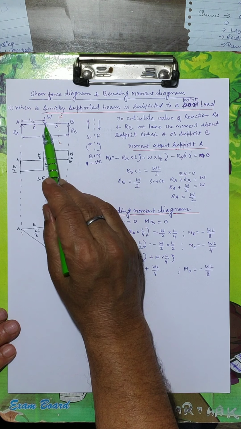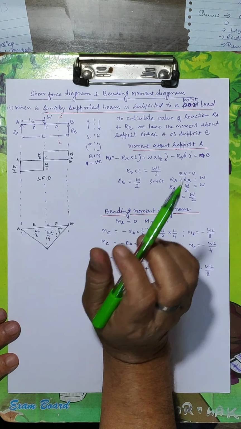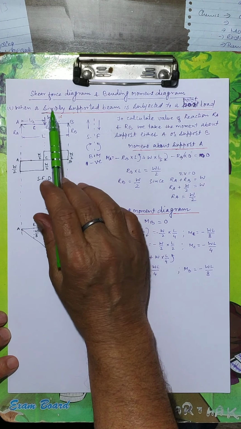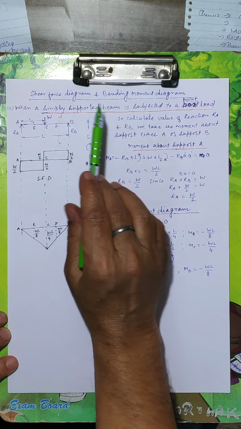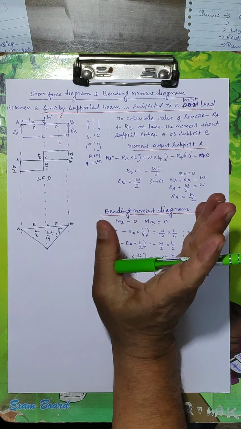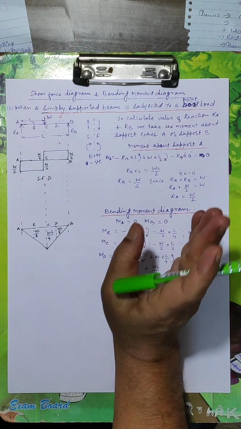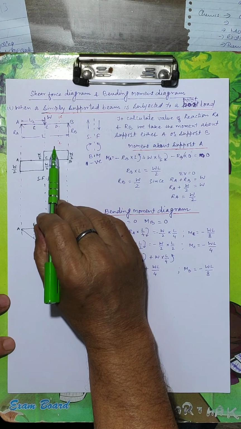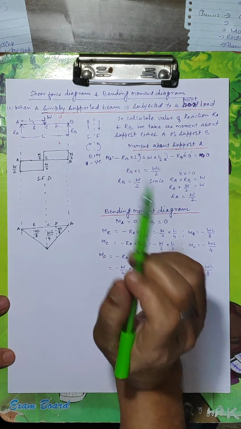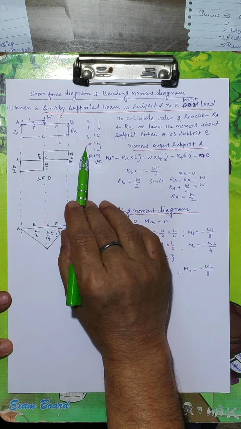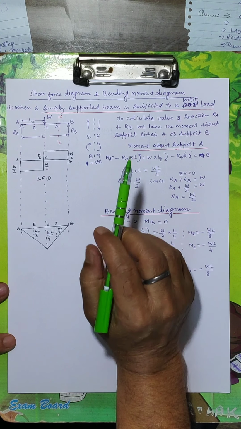We have to draw the shear force diagram and bending moment diagram. One or two questions are always asked in the examination every year, so this is the most important chapter and topic.